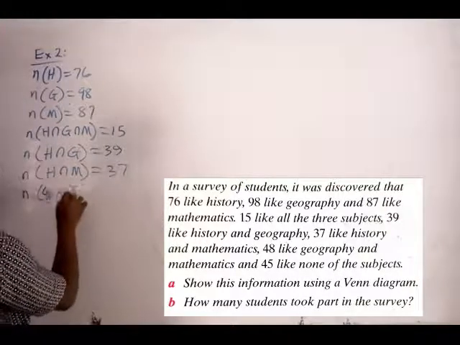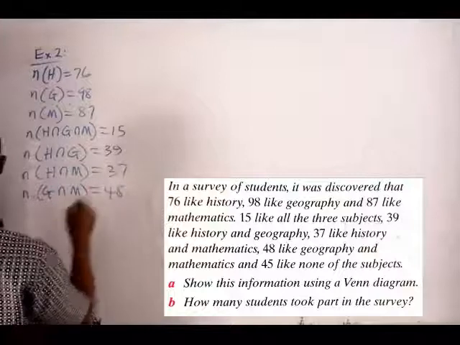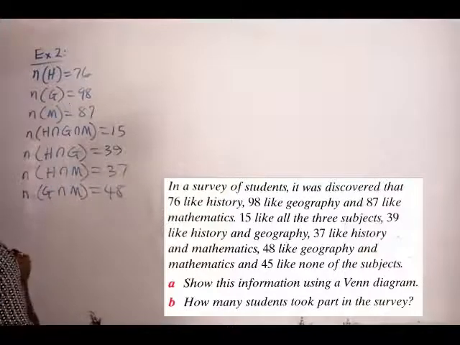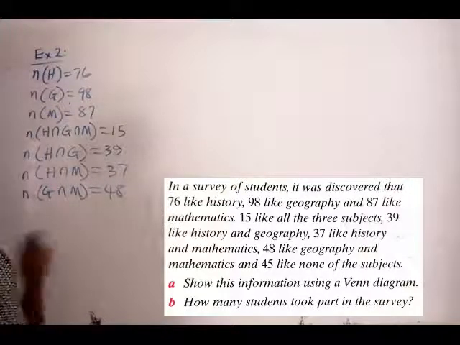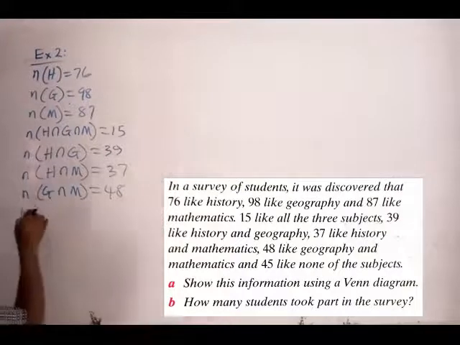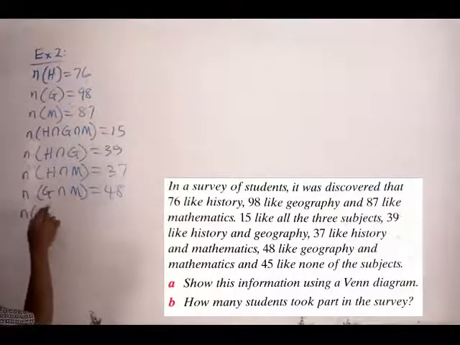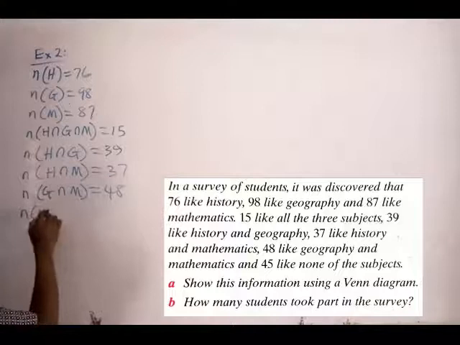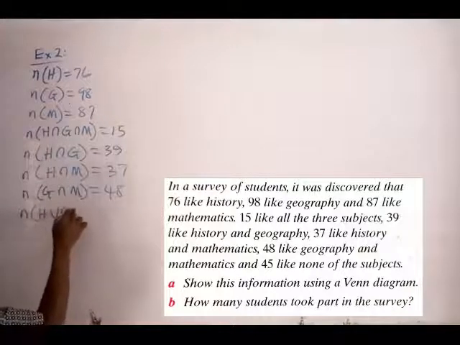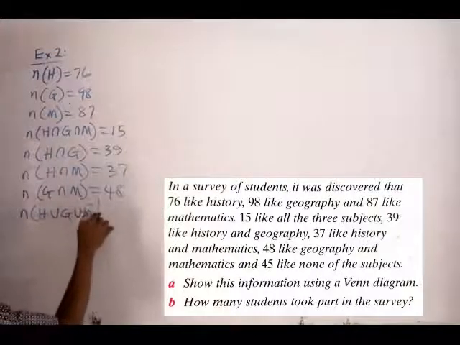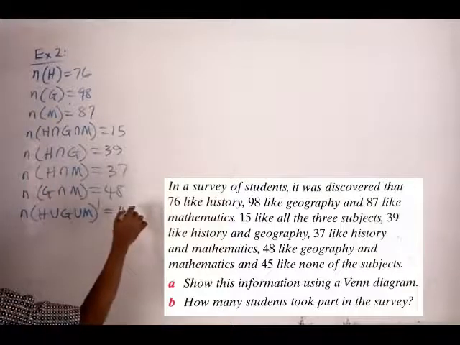Geography and mathematics. I have 48 students that like that. Then 45 like none of the three subjects. So that will give me H union G union M prime. And there are 45 in number.